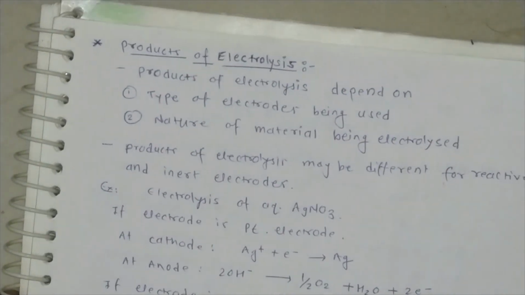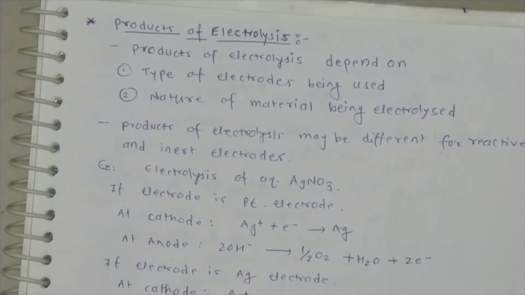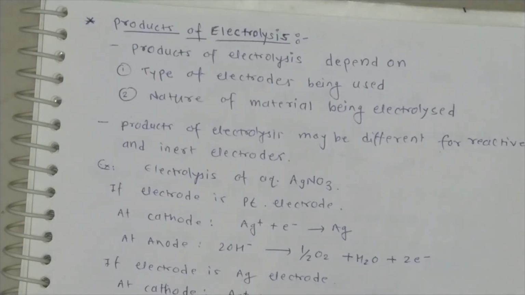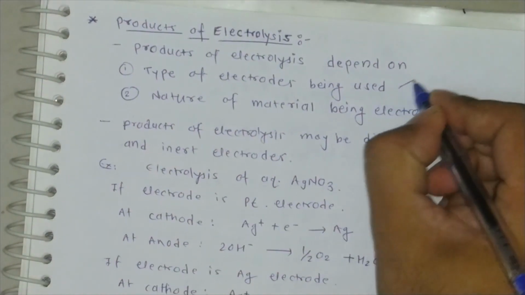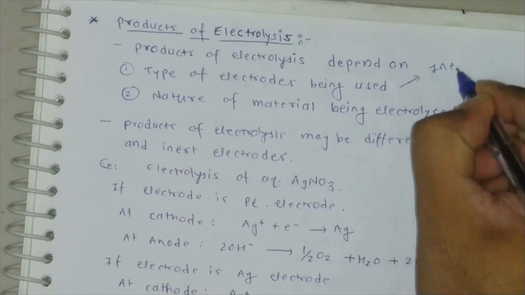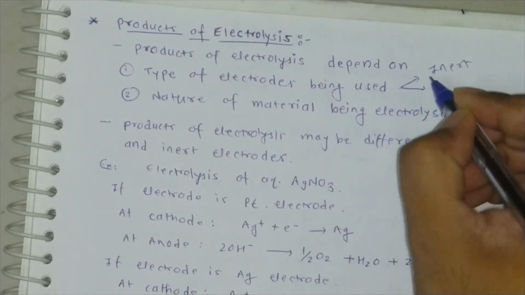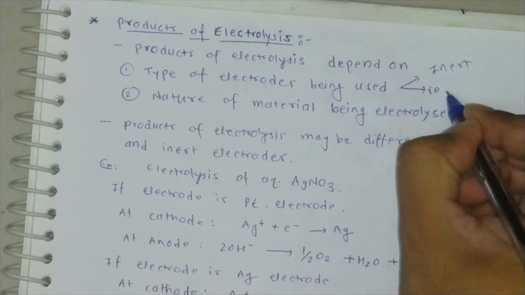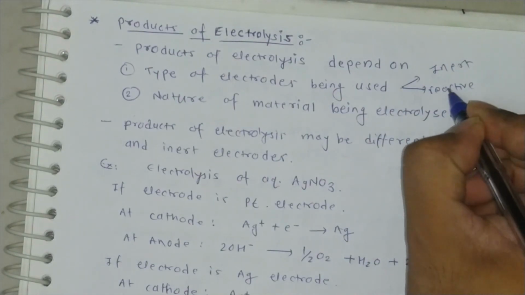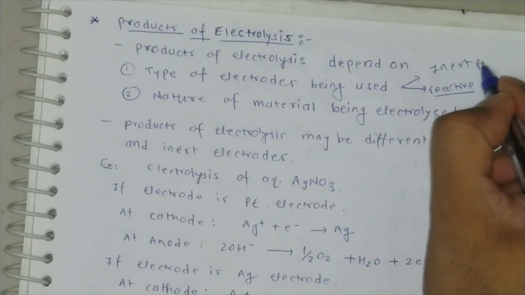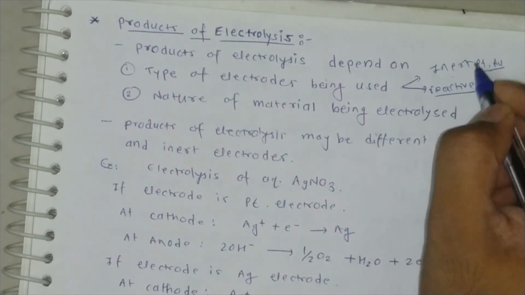Products of electrolysis. Now the products of electrolysis depend, first, on the type of electrode being used, whether it is an inert electrode or a reactive electrode. Inert electrodes like platinum and gold, right?